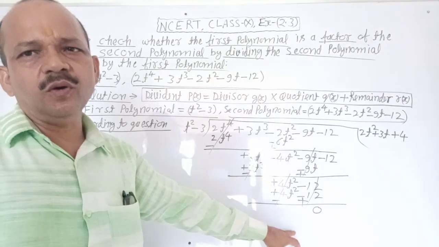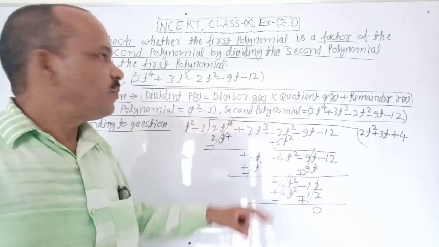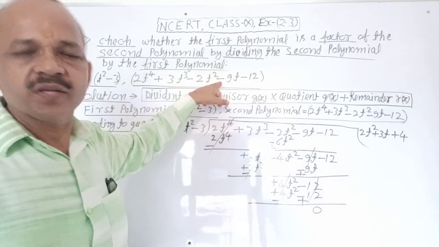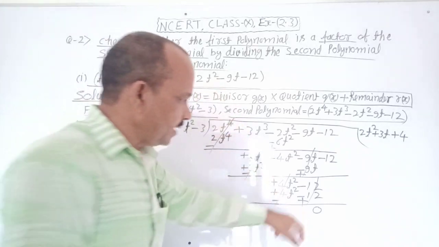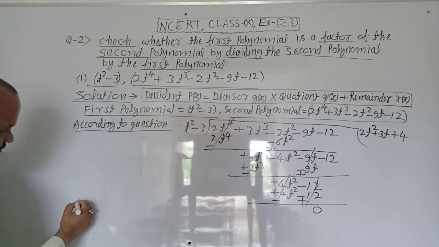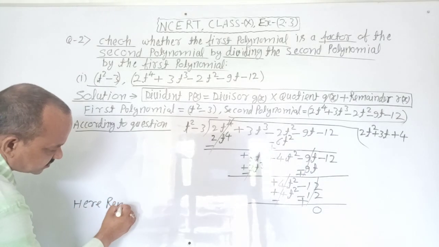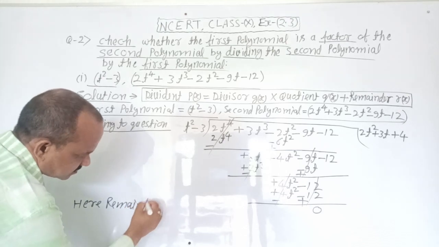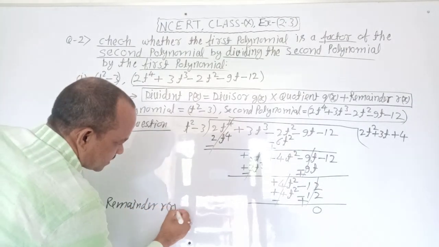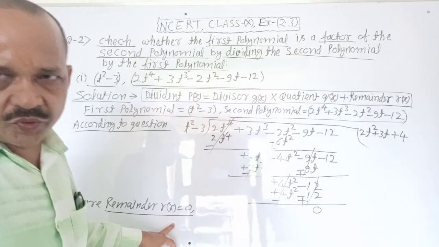You find 0 as the answer. It means the first polynomial is a factor of the second polynomial. Remainder r(x) equals 0.